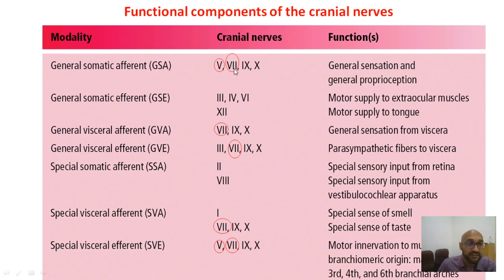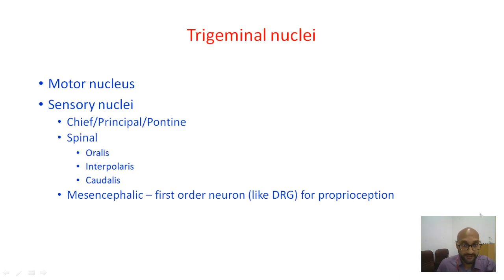So 5th and 7th have got general somatic afferent, 7th has got general visceral afferent as well. General visceral efferent is there again in the 7th, and then special visceral afferent is found in the 7th, which is taste, and special visceral efferent is found in both 5th and 7th, that is motor innervations of muscles developed from pharyngeal arches. Okay. Now coming to the trigeminal nerve nuclei.